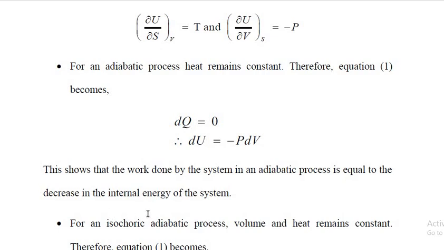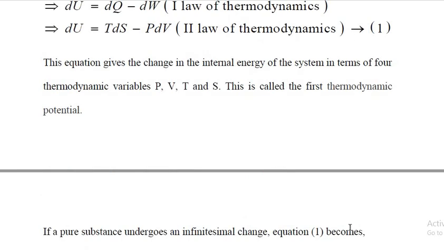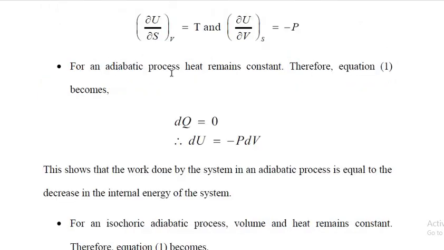Now for an isochoric adiabatic process, what happens? Volume and heat remain constant. Therefore equation 1 becomes, see this is equation 1, so volume constant and heat constant. Therefore we will have dU is equal to 0.